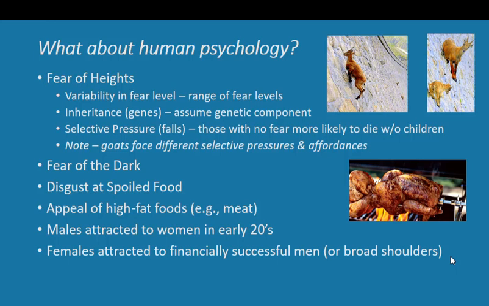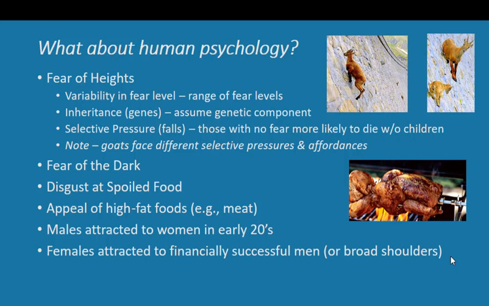All right, and then two that deal with sexual selection, or how the attraction or interaction between the species create a selection pressure. So males that are attracted to women in their early 20s would be attracted to women that are highly fertile, and furthermore, women that are likely to be fertile for a good number of years.